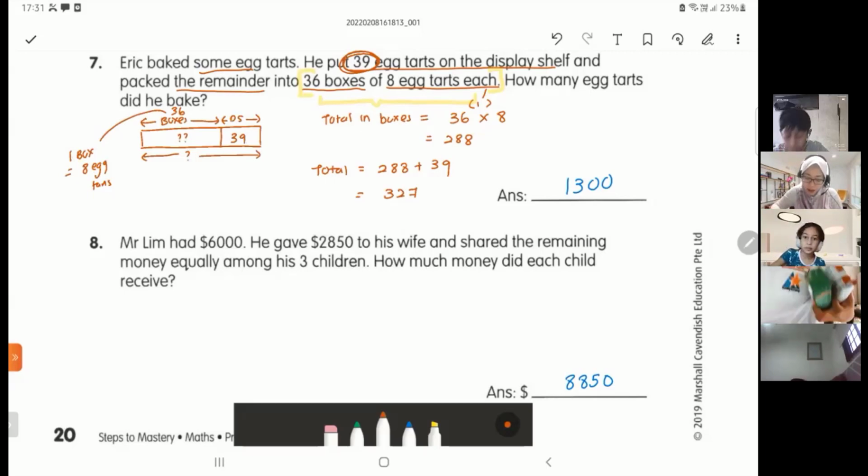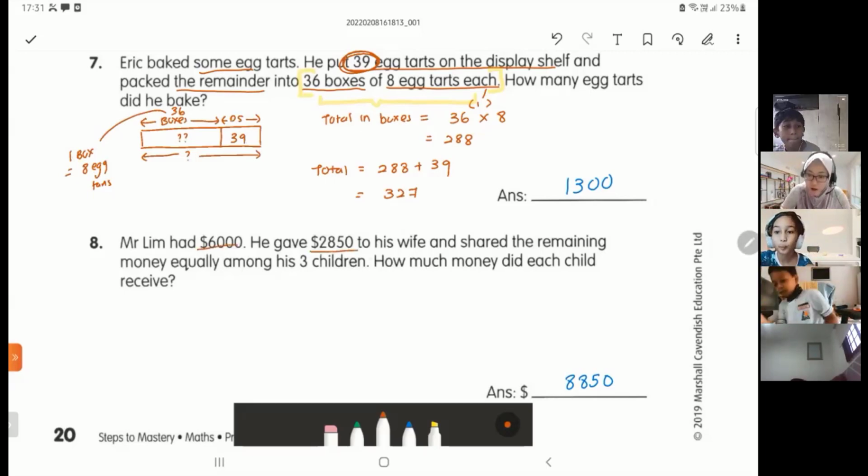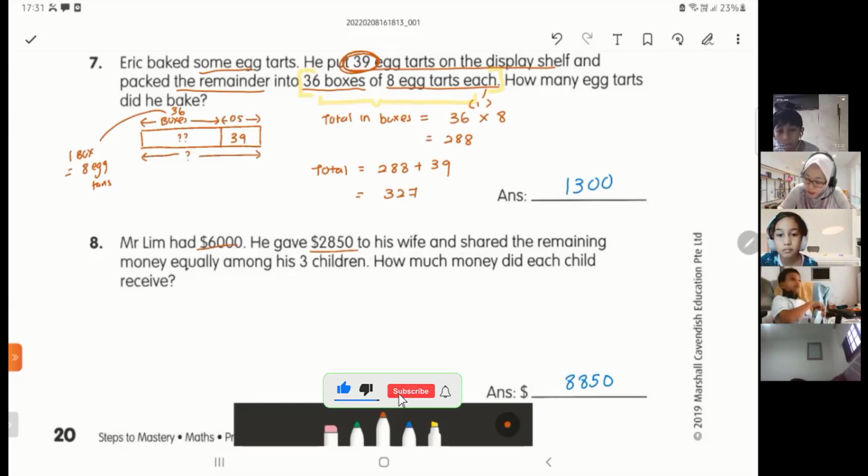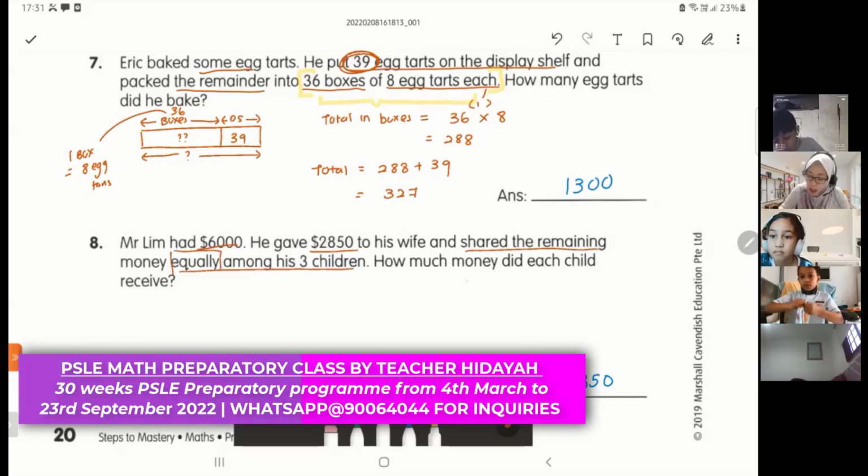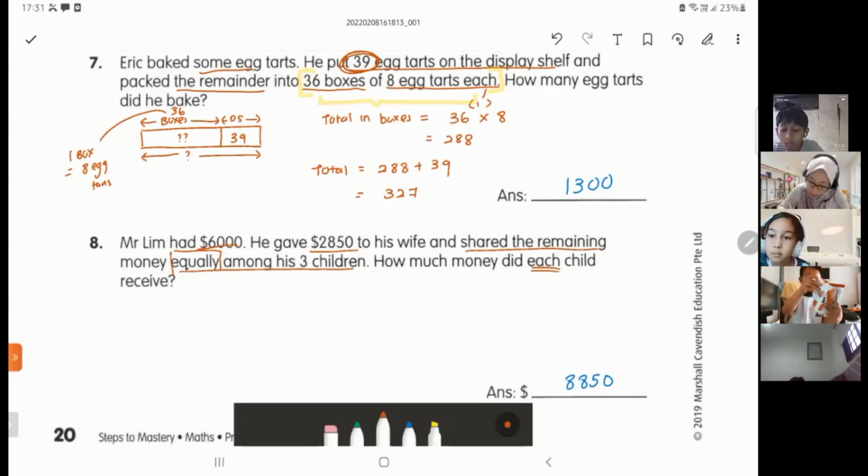Now number 8. Mr. Lim had $6,000. He gave $2,850 to his wife and shared the remaining money equally among his 3 children. How much money did each child receive? Okay, if I want to draw my model, it looks like this.